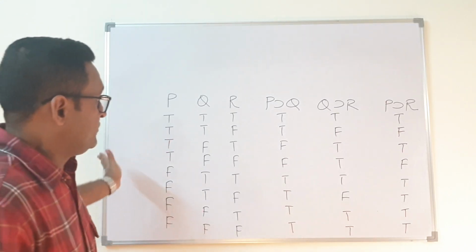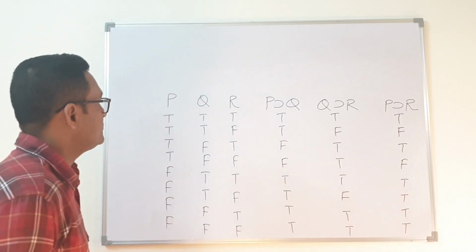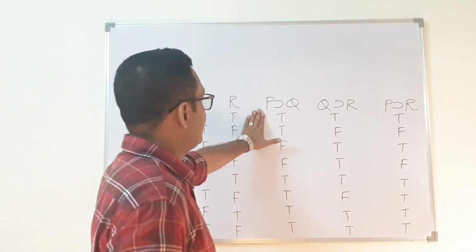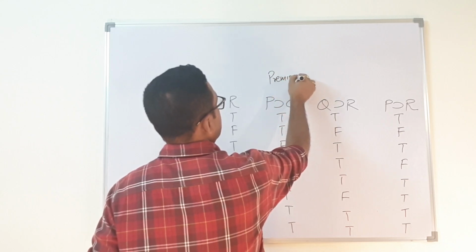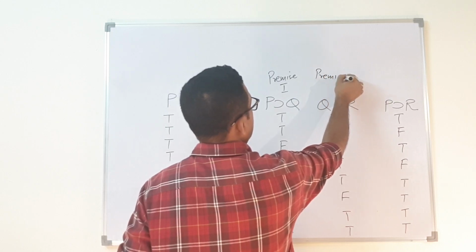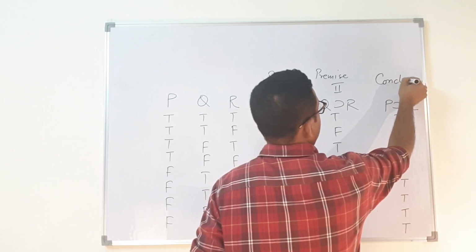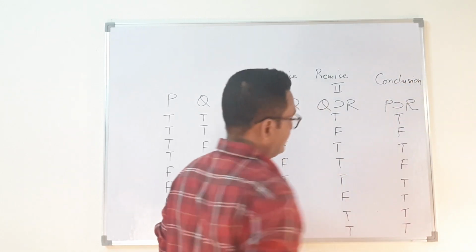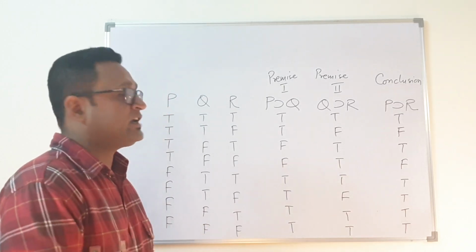Now, with the help of the truth table also, you know how to check the validity of an argument. So you see that these are your premises. This is one premise, so I put it as premise 1. This is premise 2. And this is going to be your conclusion. Now you need to check.